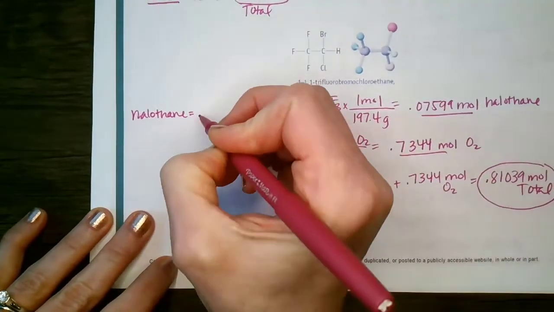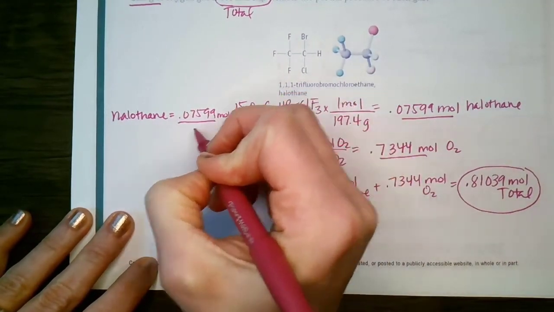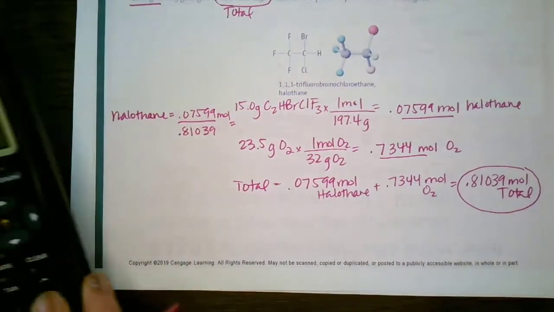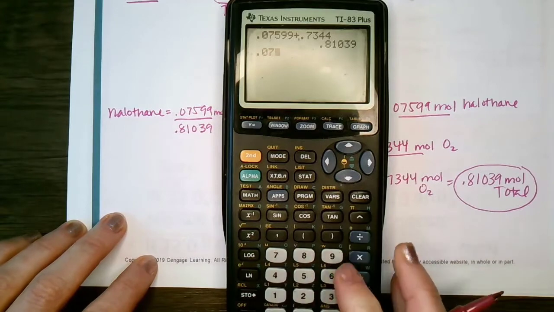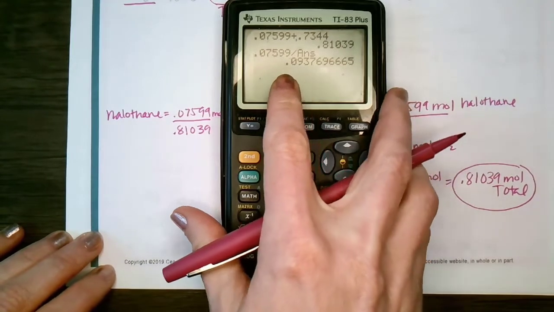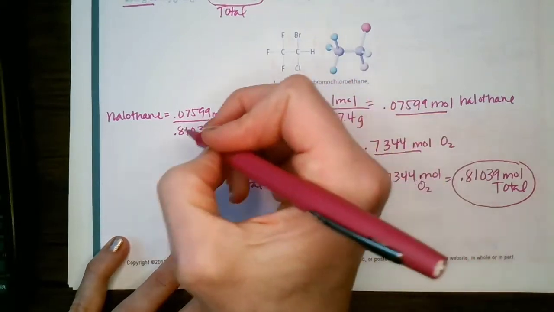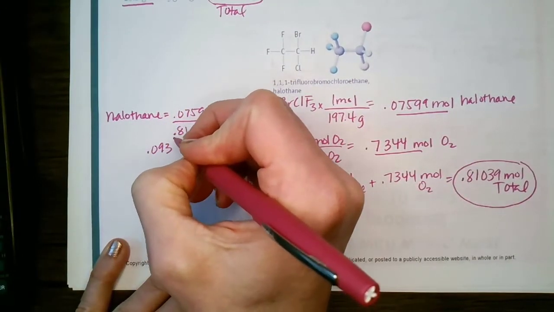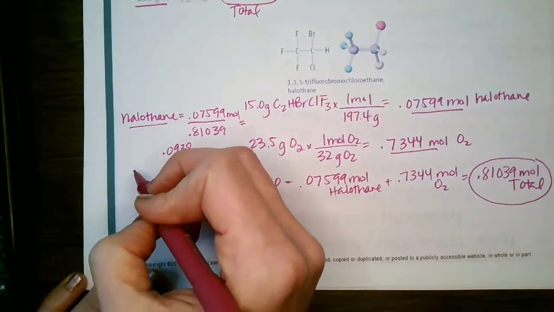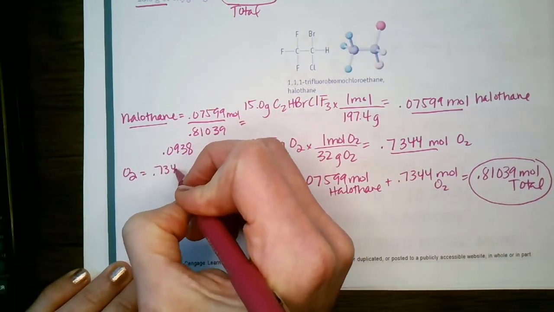If I looked at halothane, I would do 0.07599. So this is my part, mole, divided by my whole, 0.81039. So my mole fraction is 0.0938, we'll say is my mole fraction of halothane. Let's look at my mole fraction of oxygen.